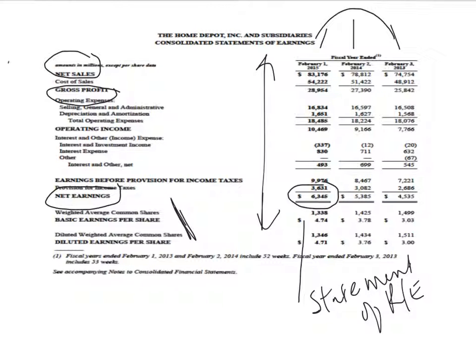So the multi-step format always has what we call intermediate profit measures prior to ending up at the net earnings. The first is the gross profit, which is the pure profit that you get from just selling, like, an iPhone before you take any of the other expenses out.